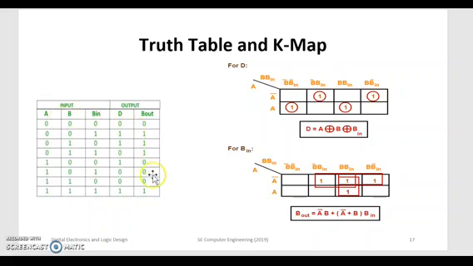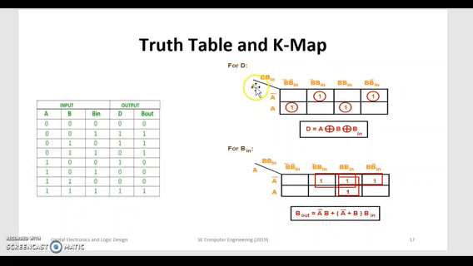So this is how the truth table will look. The 3 inputs were A, B and B in. According to this, you have to check and write down the difference and B out values. Now from this truth table, we will design K-maps, one for D and one for B out.